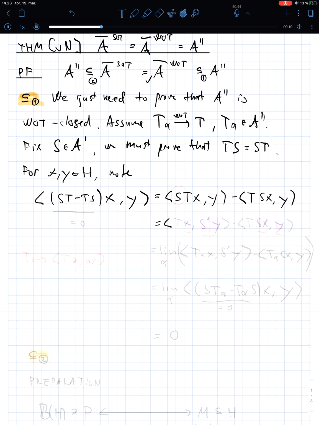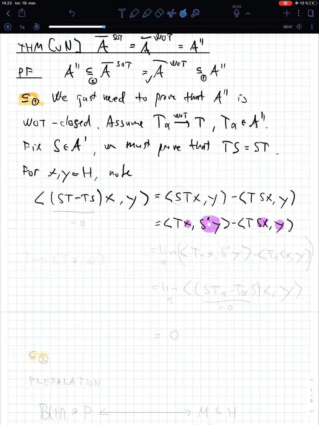And then I'm also going to move the S to the other side over here, and then (TSx, y). So the reason why I've done this is that now you can see that these are really the kinds of objects that we know how to deal with in the weak operator topology.